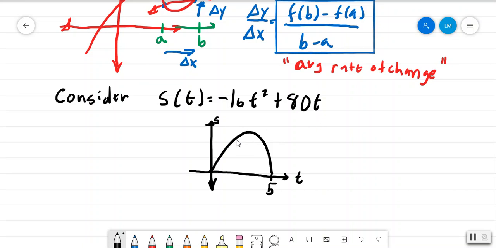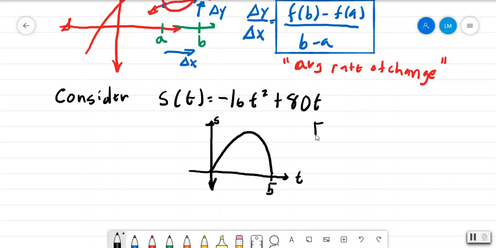So let's go ahead and consider what if we were to look at the following intervals.